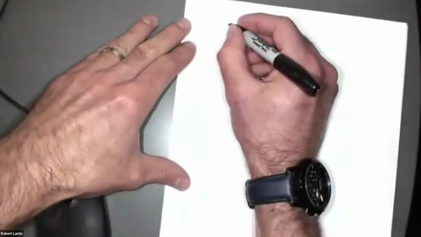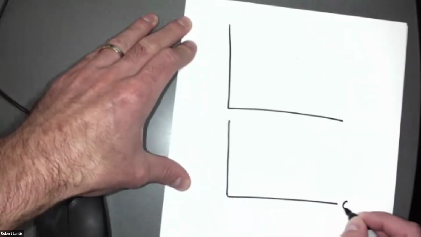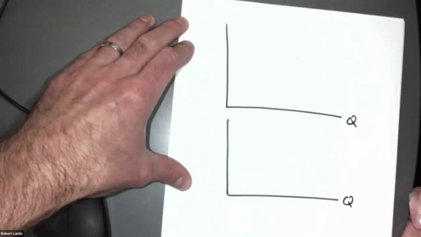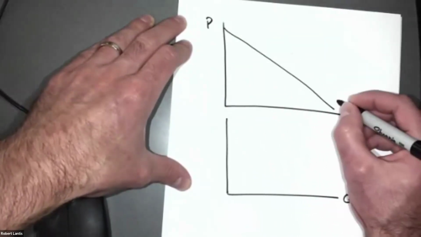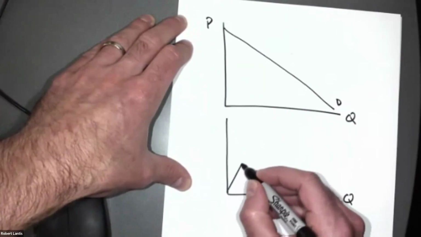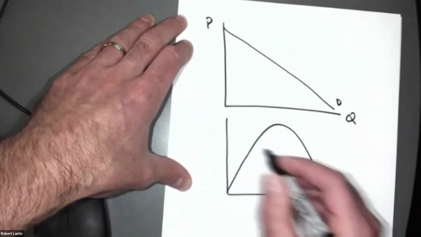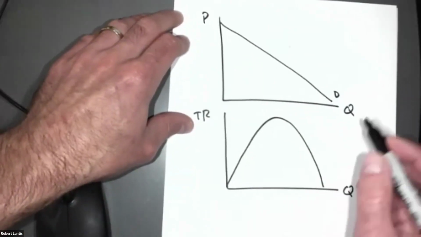So to answer this question, this is one where I said you should be able to write out stacked graphs. One, where you've got the combination of prices and quantity and your demand curve. The one below it is going to be your total revenue associated with selling each one of those quantities.